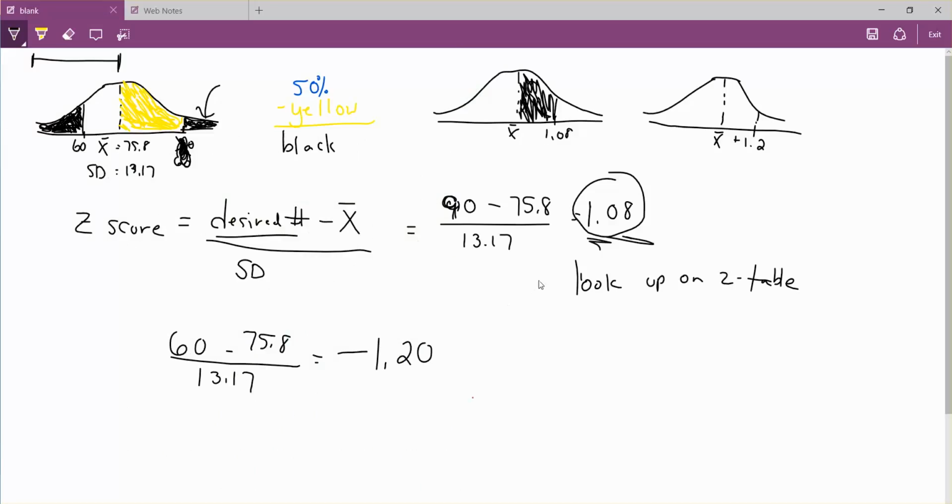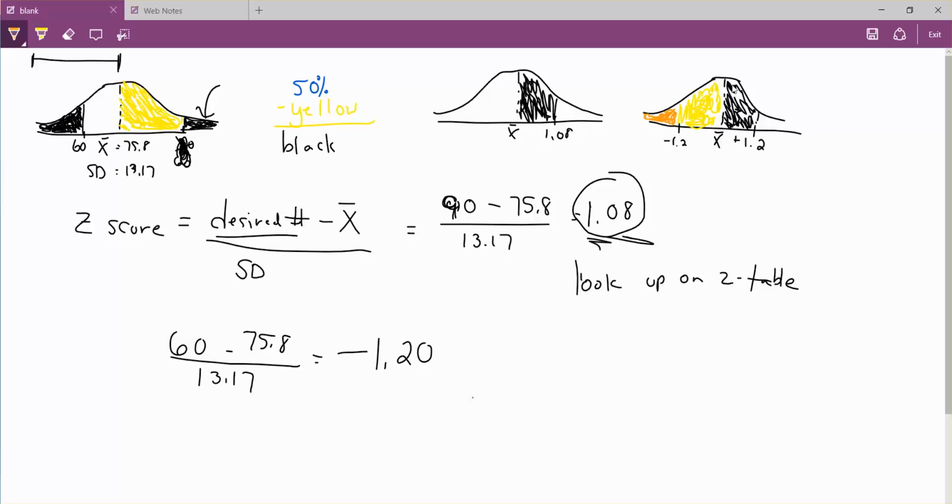But because my distribution is normal, if I know this black shaded area, it will equal this yellow shaded area because it's a symmetrical distribution. And if I know this yellow shaded area, then I can calculate this orange shaded area, which is the area that I truly want to know. It's going to represent the percentage of my students that earn less than 60%.